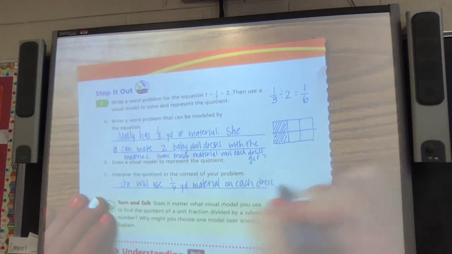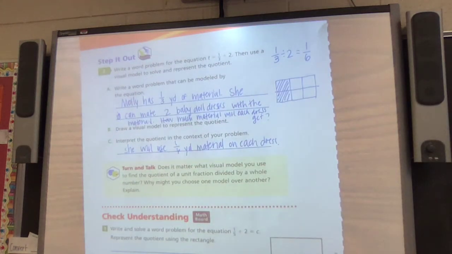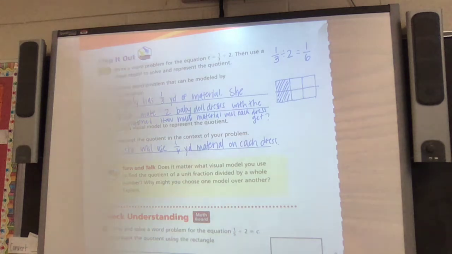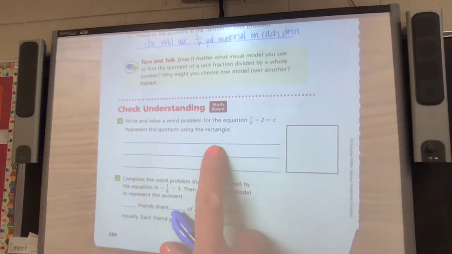And if you wanted to write something different, you might have said, if you had food, or if you had a board, or you know, a 1/3 of a basket of Legos, how much of the basket would each person get if you were sharing it that way? It's up to you. Let's do one more on this page.